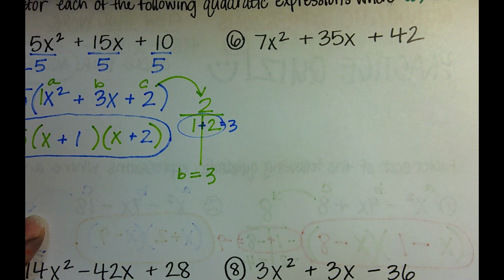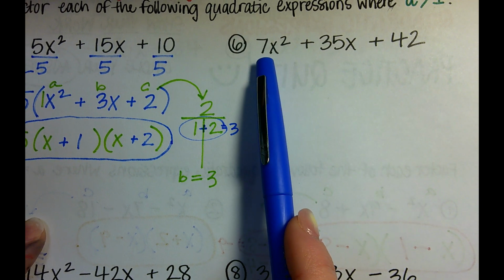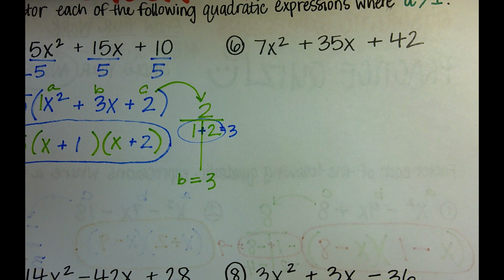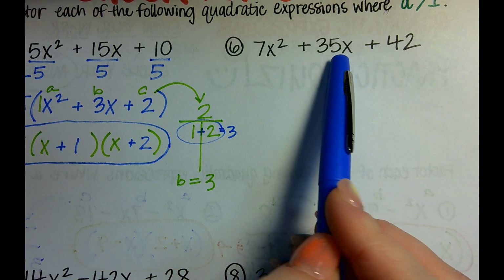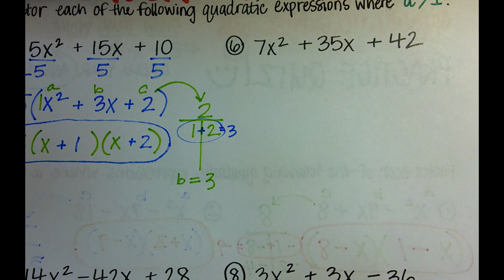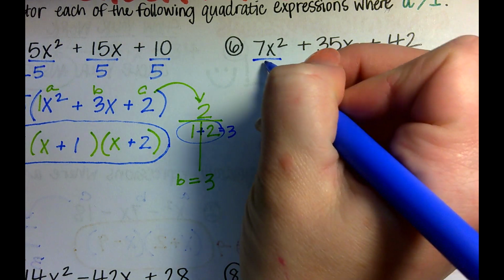So number 6, 7x squared plus 35x plus 42. What do I need to check for first? Greatest common factor. Can I divide by something with all 3? 7. Let's do that. I'm going to divide everything by 7.